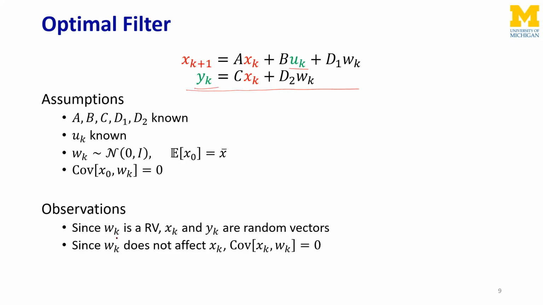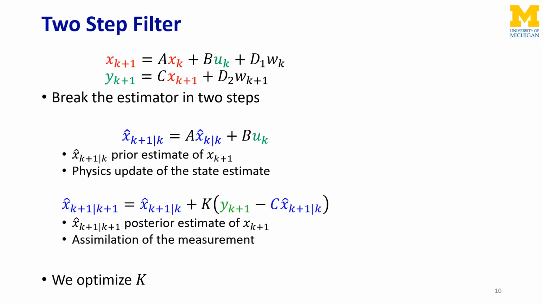Like last time, since wk is a random variable, the state and the outputs are also random variables. And since wk does not affect the state at step k, only the state at step k plus 1, the covariance of the state and the process noise is also 0. All these assumptions are used to justify simplifying steps in the derivation of the Kalman filter, or the optimal filter.